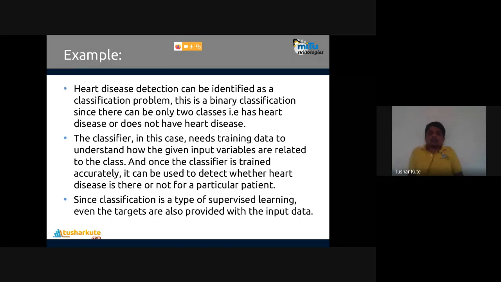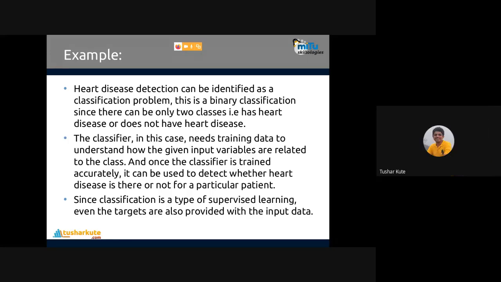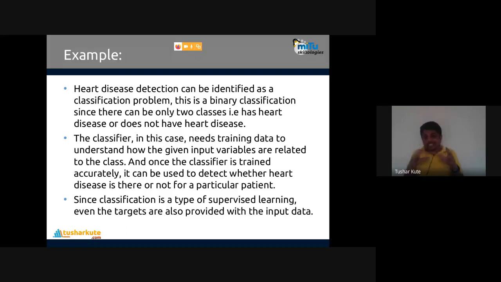Heart disease detection can also be identified as a classification problem. There are two classes, heart disease present or not present, yes or no, true or false. These things can be checked with the help of an algorithm called classification. The classifier needs training data to understand the input variables related to the class.